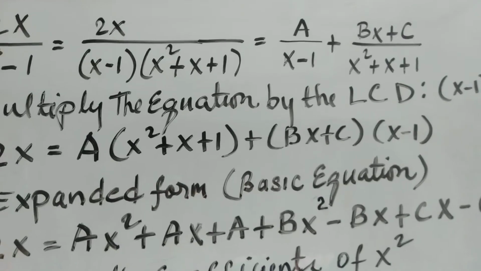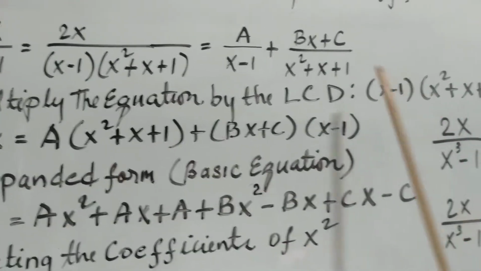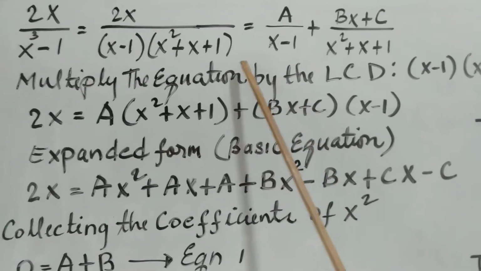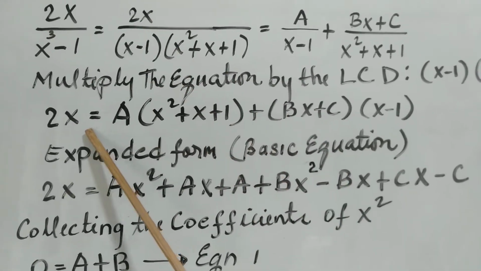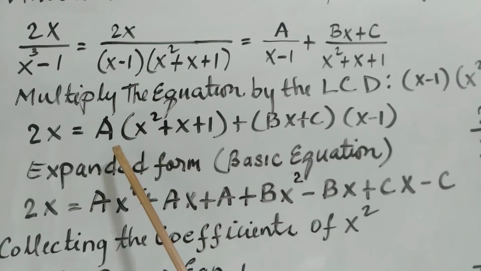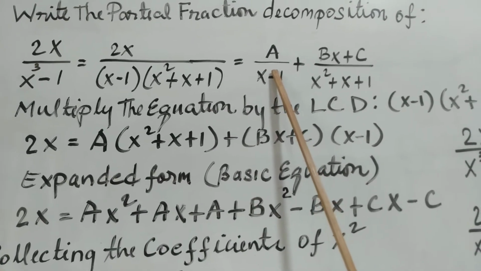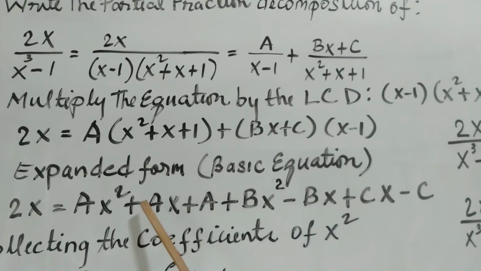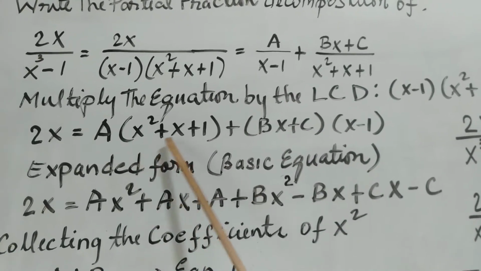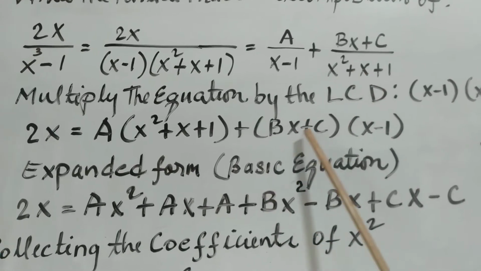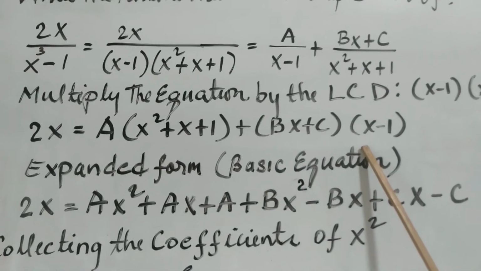So, if we multiply this equation here by the LCD, we're going to get 2x, we cancel out the denominator, times A times the quantity x squared plus x plus 1, plus the quantity Bx plus C times the quantity x minus 1.